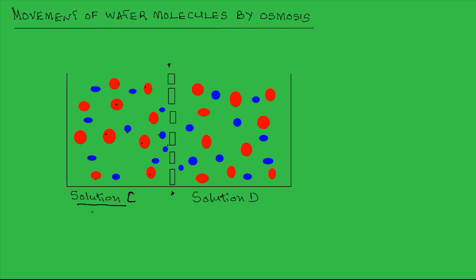It is 1, 2, 3, 4, 5, 6, 7, 8, 9, 10 for water, 1, 2, 3, 4, 5, 6, 7, 8, 9, 10 for sucrose. So likewise, solution D is 50% sucrose. Now, these two solutions having the same concentration are said to be isotonic.